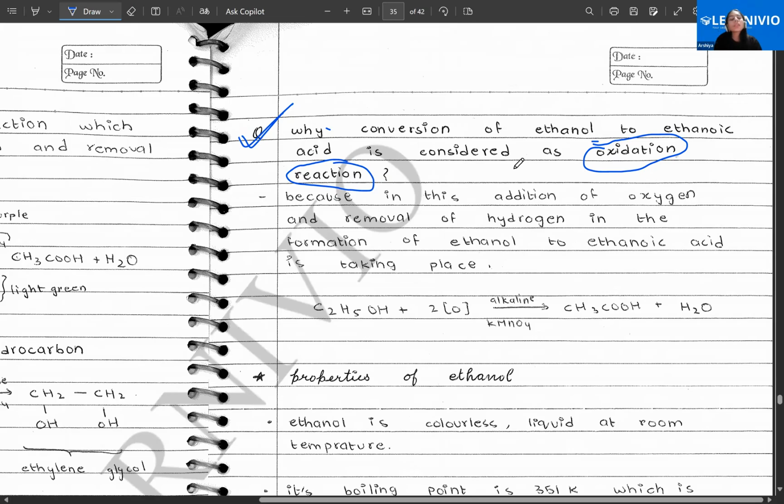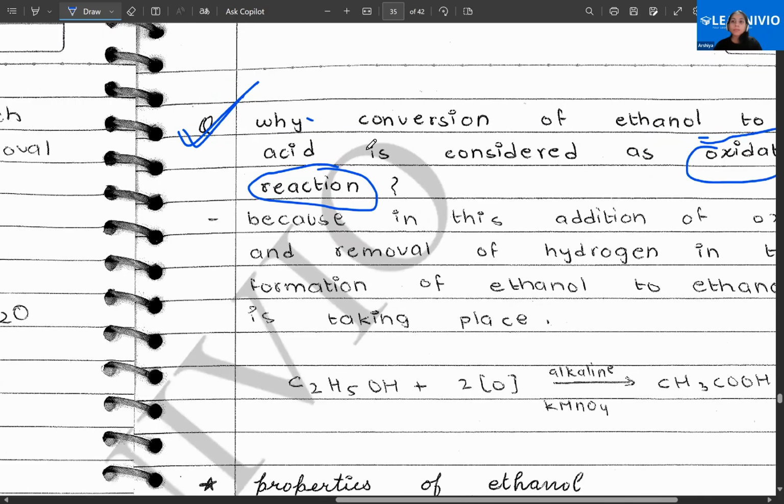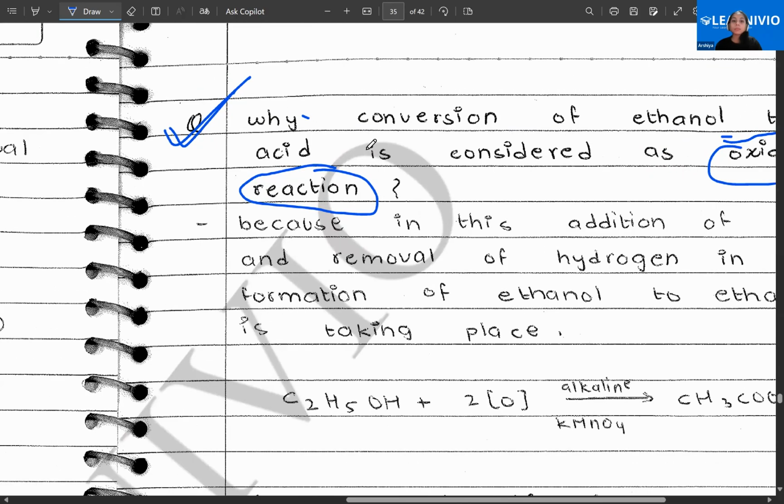Yes, ma'am. Okay. So I was saying, the question says that when we convert ethanol to ethanoic acid, it is considered an oxidation reaction. Now, what is an oxidation reaction? Adding of an element, oxygen, or removal of carbon dioxide.